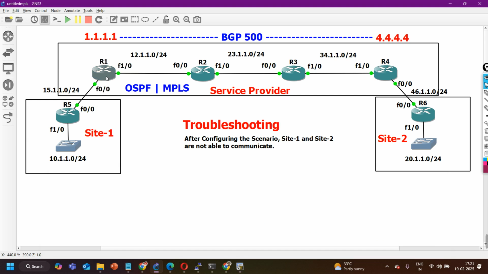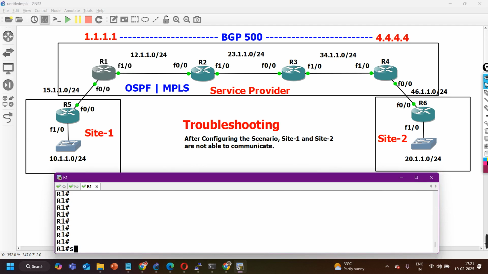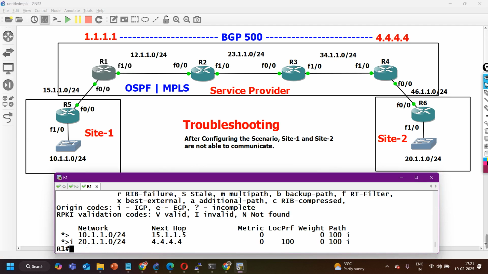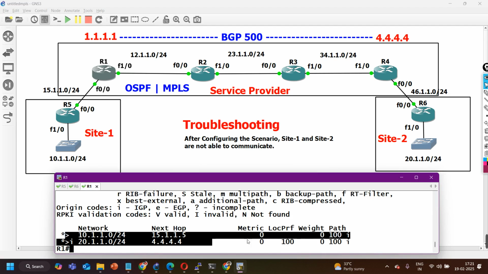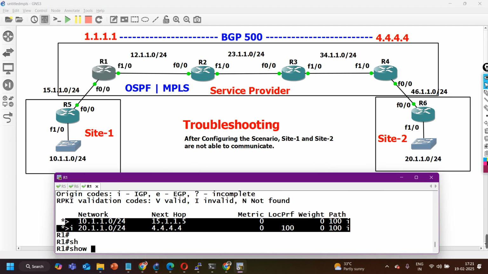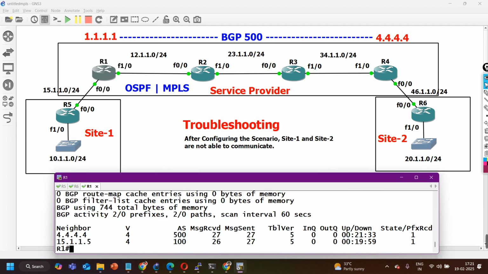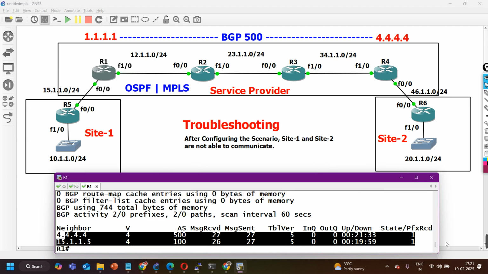Now let me access R1, router 1, the P router, and on the P router, show ip bgp. Even we don't need to verify the BGP table because, guys, the route is already there, right? Here also you can see both the subnets are there. And show ip bgp summary, right? Two neighbors are there.